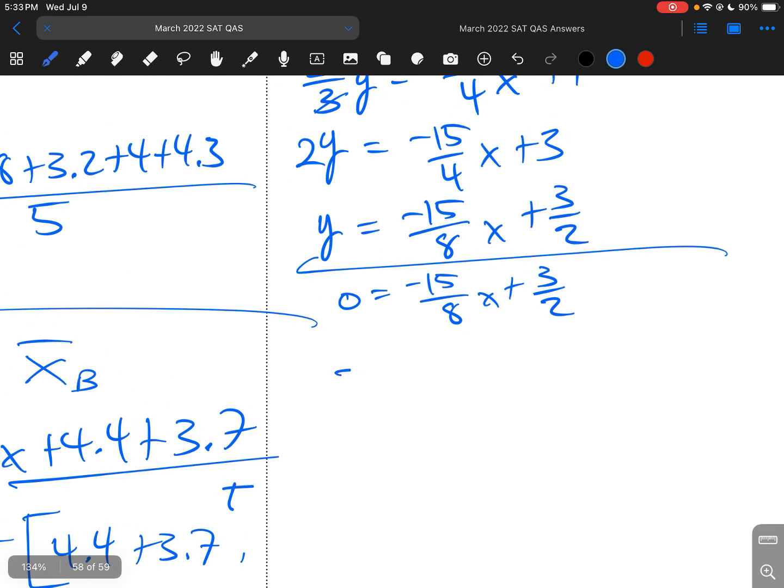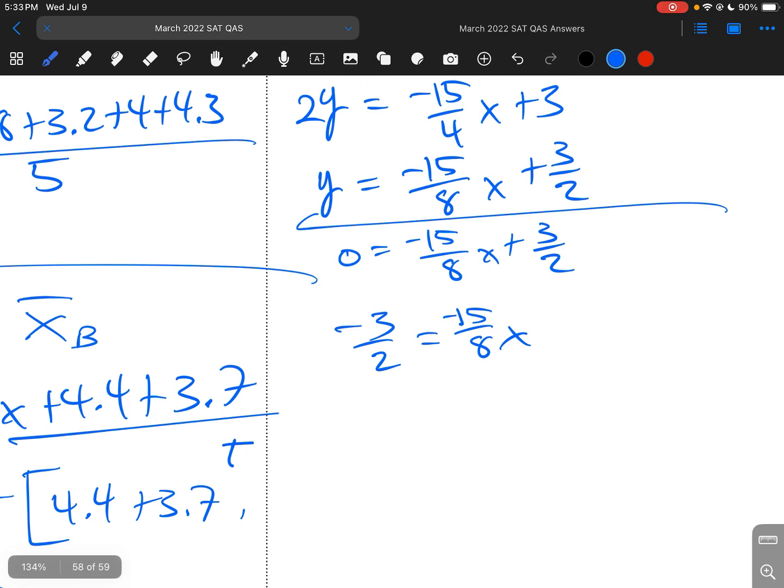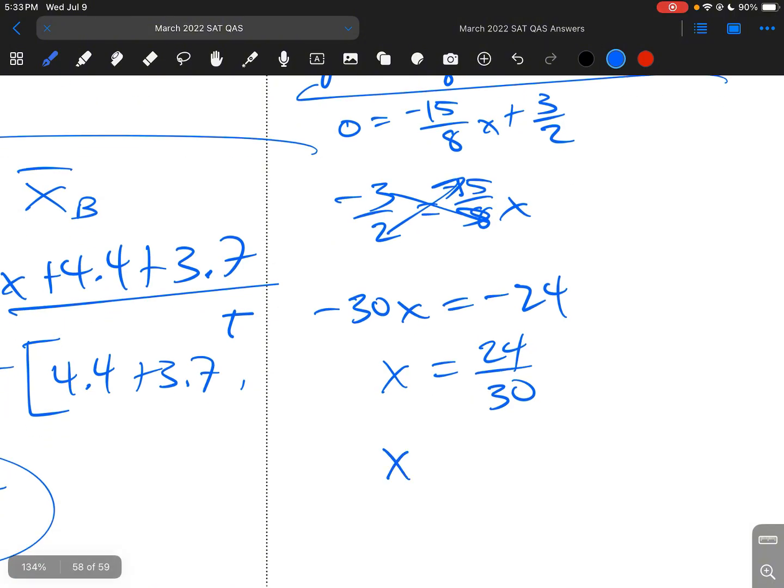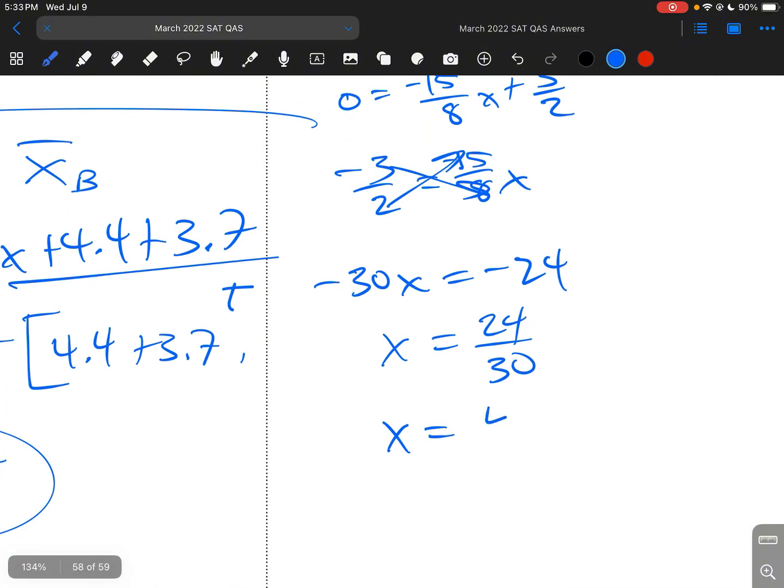Solving for x, you have negative 3 over 2 is negative 15 over 8 x. And you can cross multiply here, and so you get negative 30x is equal to negative 24, and you get x is equal to 24 over 30. So x is equal to 4 over 5.